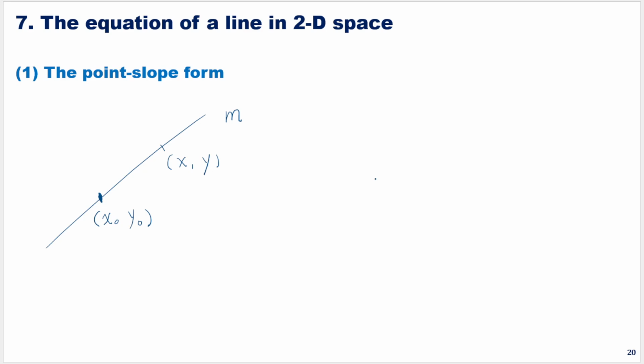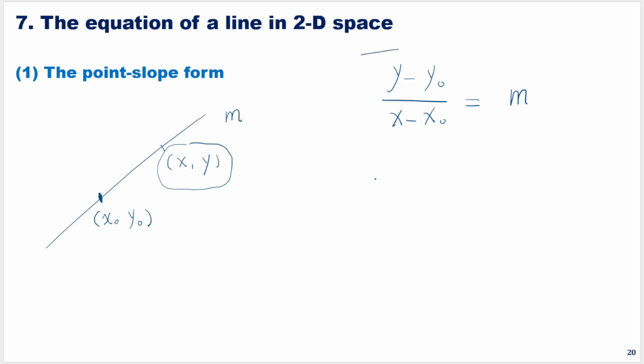So y minus y naught over x minus x naught must always be equal to the constant number m for any arbitrary point on that line, right? Note that the coordinates x, y are the coordinates of any arbitrary point on that line.